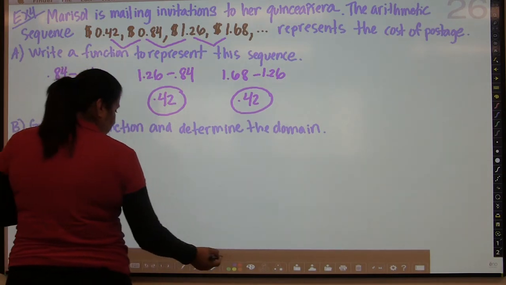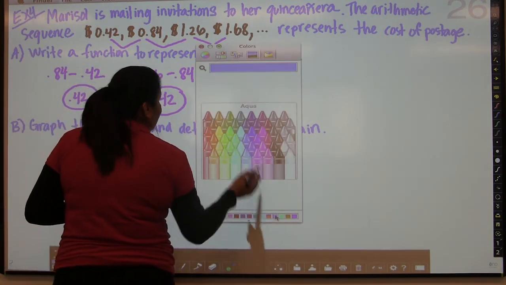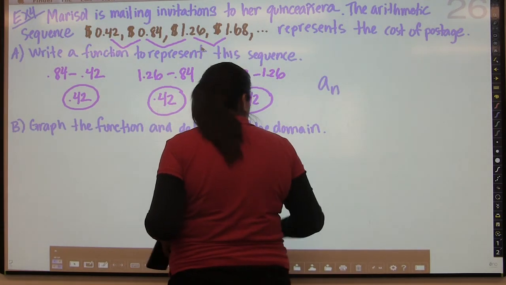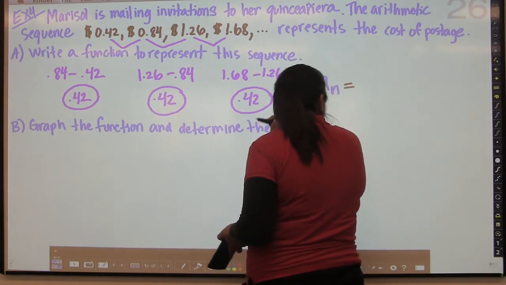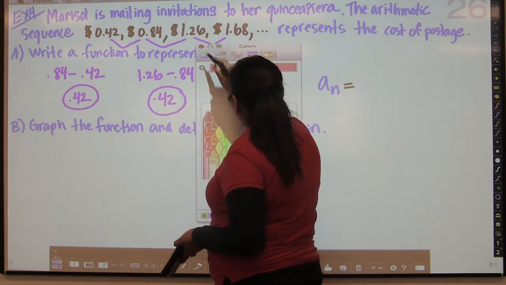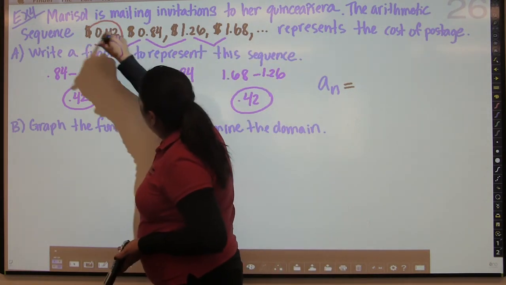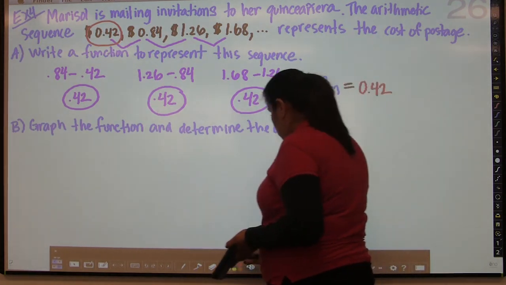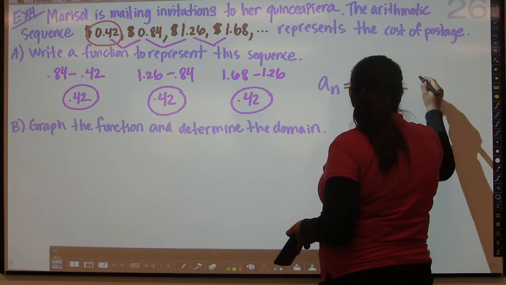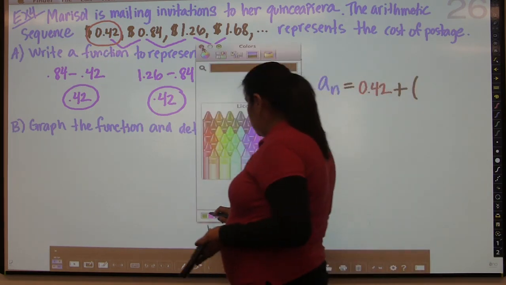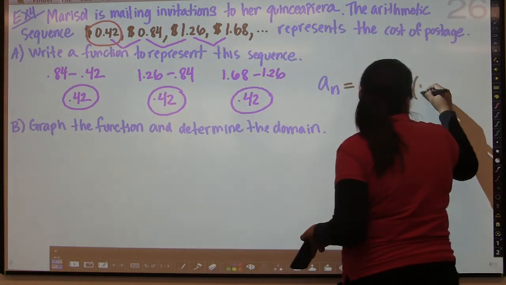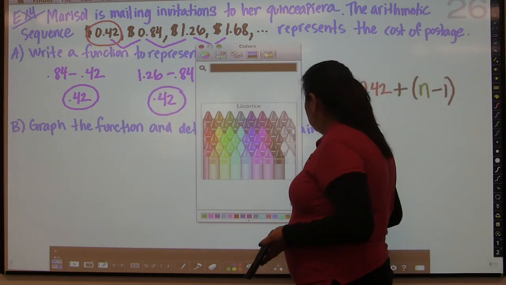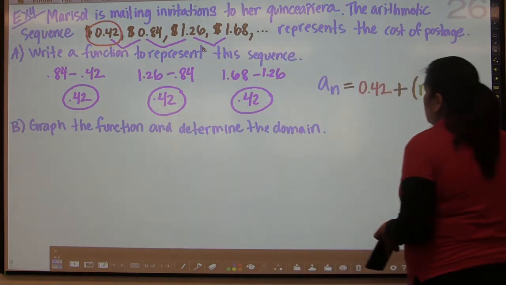So to write the formula, we're going to get A sub n equals our first term, which is 0.42, plus n minus 1 times the common difference, which is 0.42.